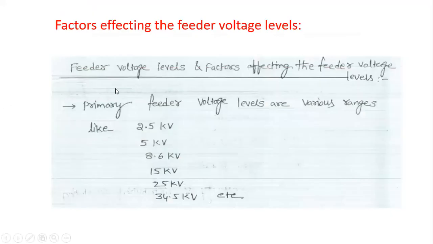Next, what are the feeder voltages and what are the factors that affect those voltages? Normally the primary feeder voltages are in the range of 2.5 kilovolts, 5 kilovolts, 8.6 kilovolts, 15 kilovolts, 25 kilovolts, 34 kilovolts, etc. These are the various voltage ranges of the feeders.